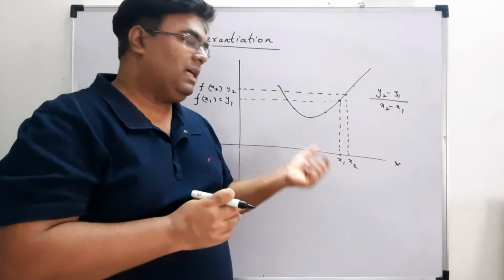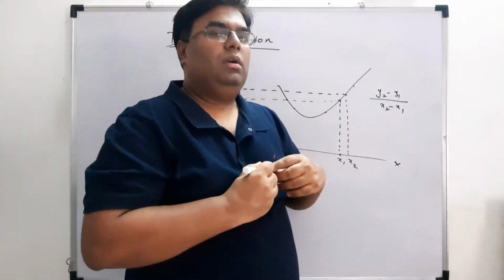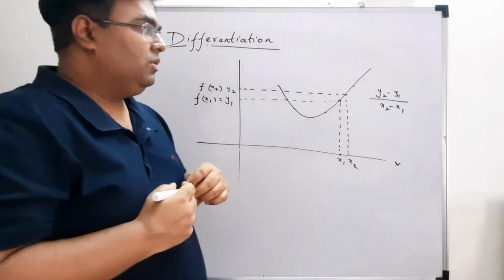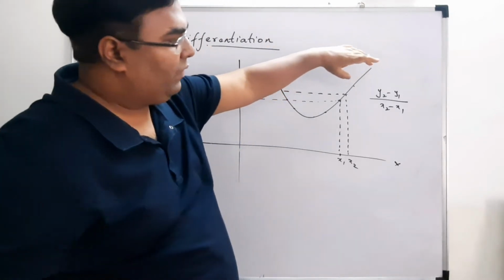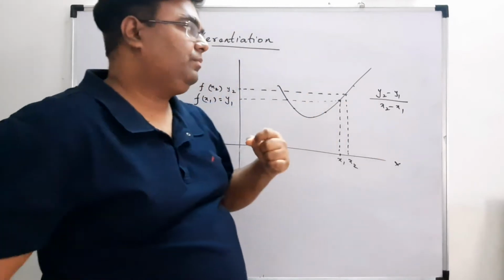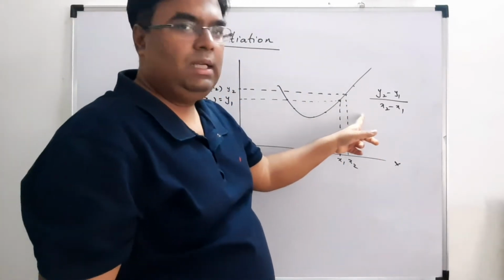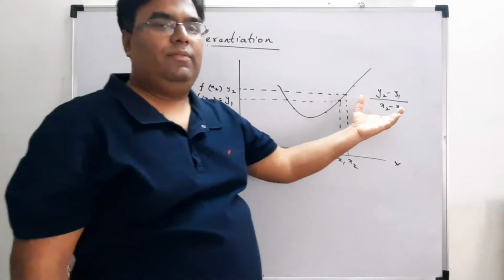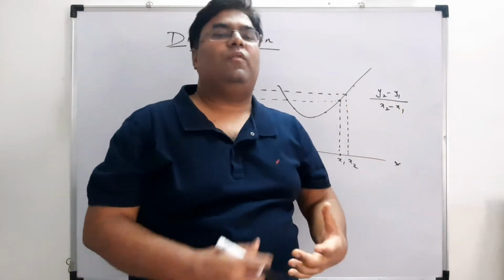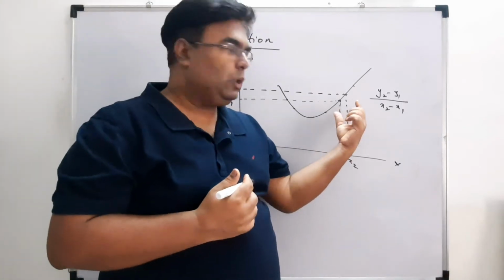So your x and y define the things that you are going to find out. We are going to find out the change in y with respect to x. Now in coordinate geometry, what is this? This is basically the formula for the slope of a line, correct? So basically we are finding the slope of a tangent.